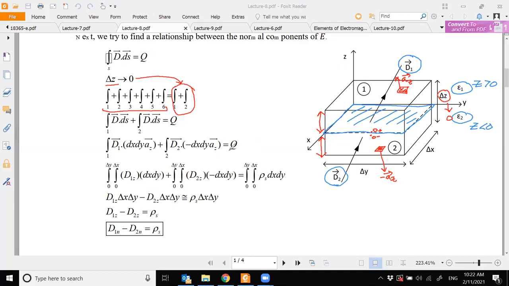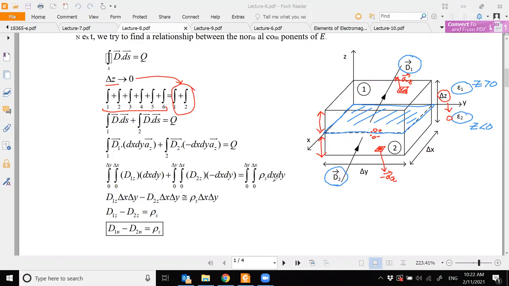Now for the right-hand side, rather than using charge, I'm using charge density, because this must be the charge enclosed inside my hypothetical closed surface. Since my Gauss surface is a cuboid, the charge enclosed will be nothing but the charge density rho s times dx dy, within this region from 0 to delta y and 0 to delta x.